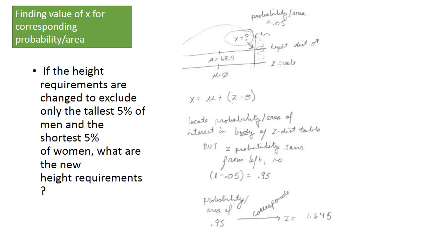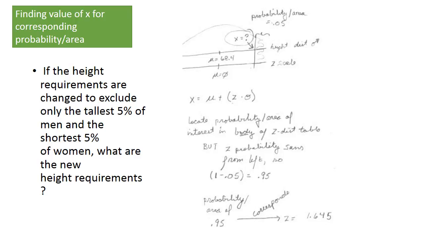We've got our formula here of x equals the mean of the distribution plus the z-score times the standard deviation for that distribution. We're going to locate the probability area of interest in the body of our z distribution table, but remember our z probability distribution table sums from the left.